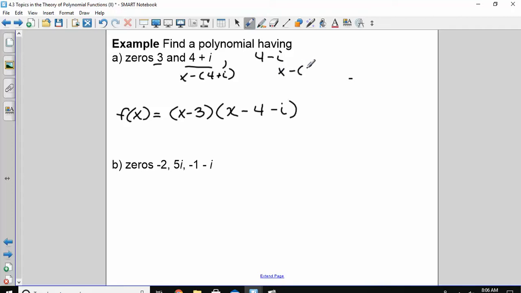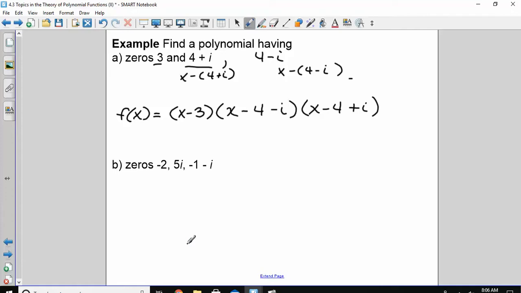With the 4 minus i, if you subtract that off, you get x minus 4 plus i. So really, the only difference in your 2 imaginary zeros is the sign on the i. One's positive and one's negative. Does it matter what order you write those things in? No, you just have to have those 3 parentheses.